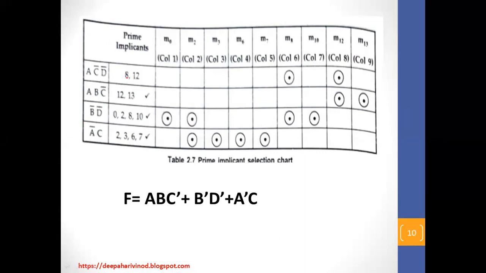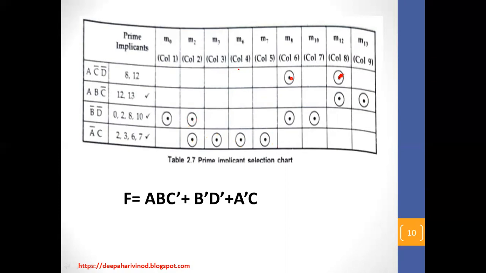The list of prime implicants we obtained after comparison, and here we have to write the list of the minterms which are given in the question. The first one covers 8 and 12, so make a mark over here for 8 and 12. It is marked here, 12 and 13. Next is 0, 2, 8, 10. And next is 2, 3, 6, 7.